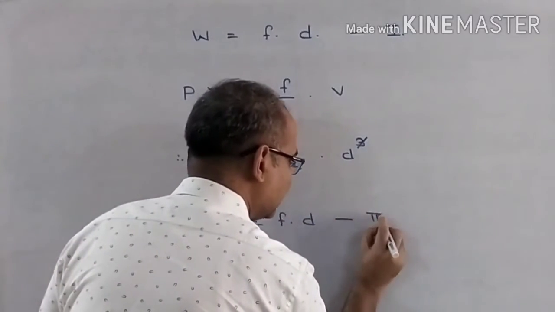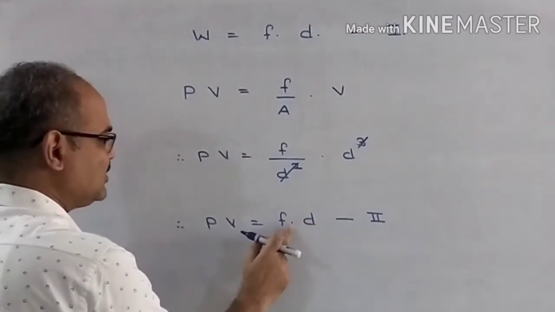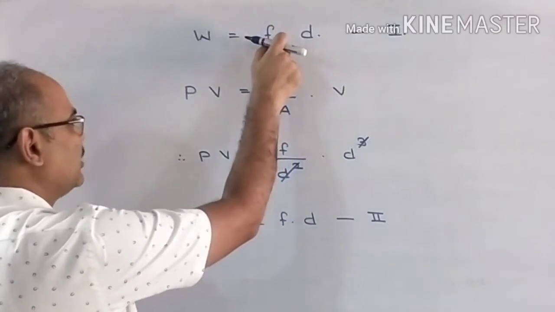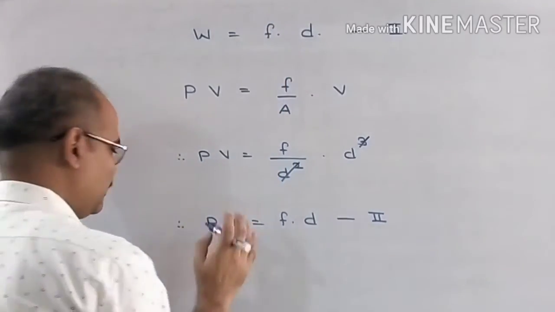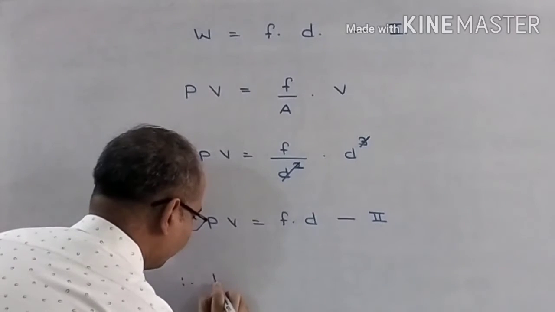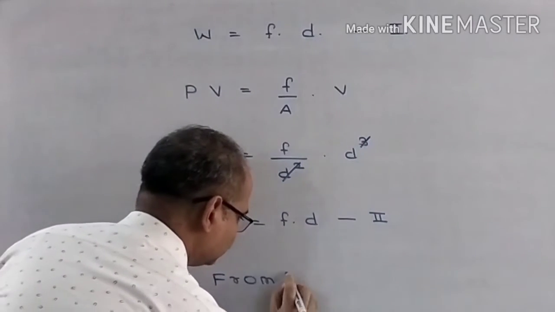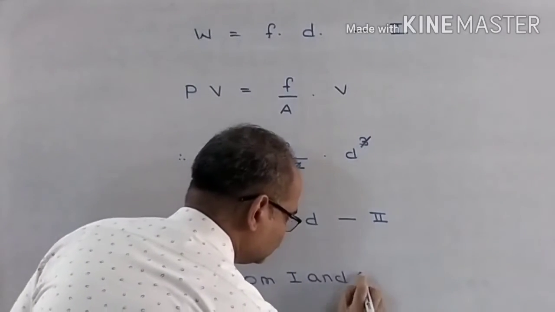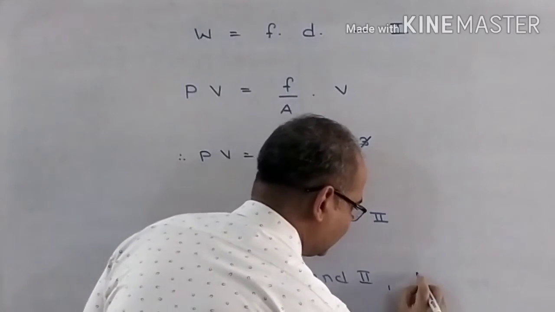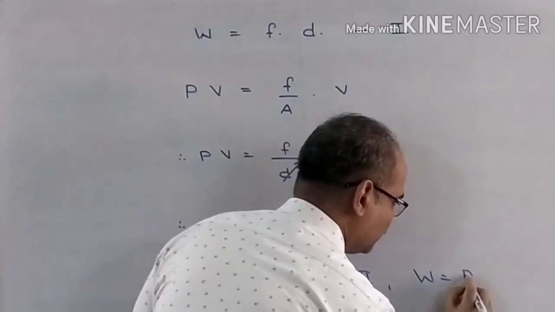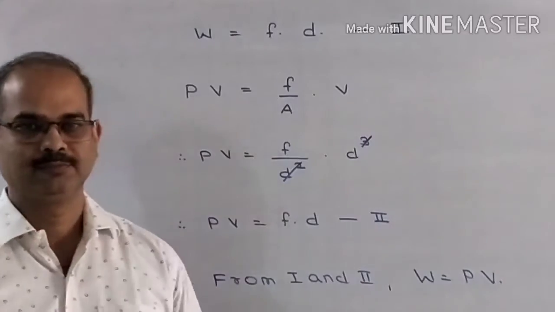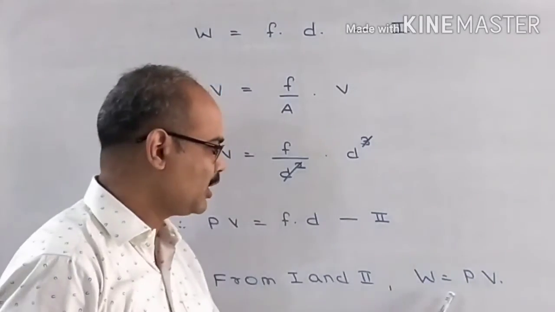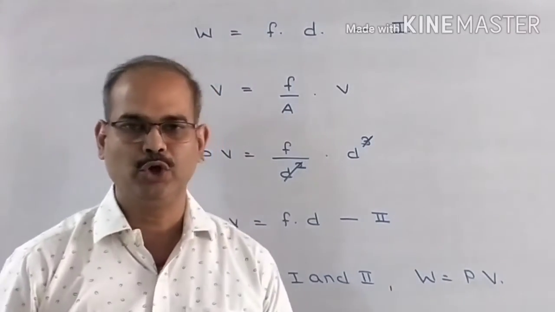Call this expression number 2. So in place of F into D in expression number 1, I will substitute P into V. Therefore, from 1 and 2, I can say that W is equal to P into V. So work is the product of pressure and volume.